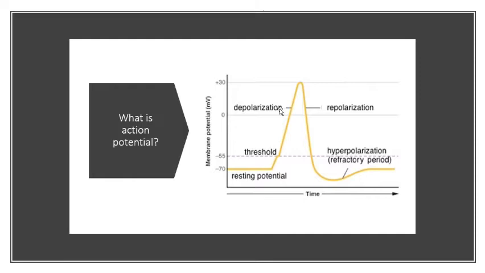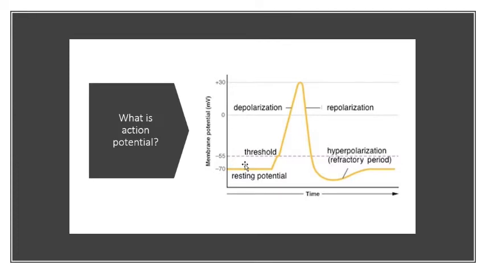In the rising phase of the action potential, we have the depolarization or the positive influx. And then in the repolarization or falling phase, that's the negative state being restored within the cell. There is a hyperpolarization that occurs, which results in a refractory period, and I will go in depth for that a couple of slides from now.